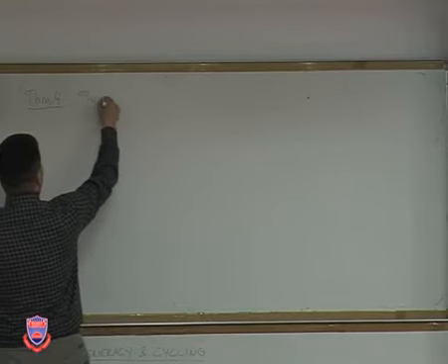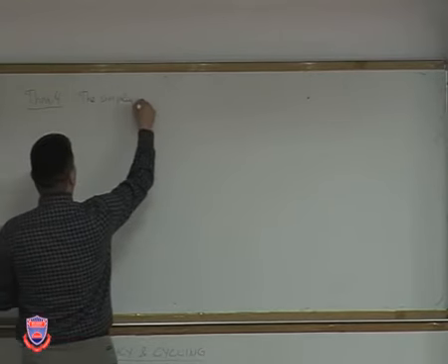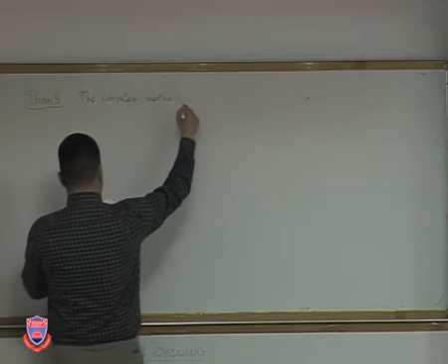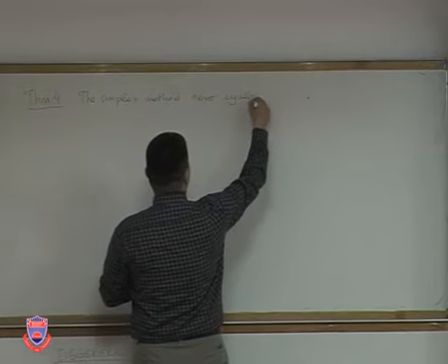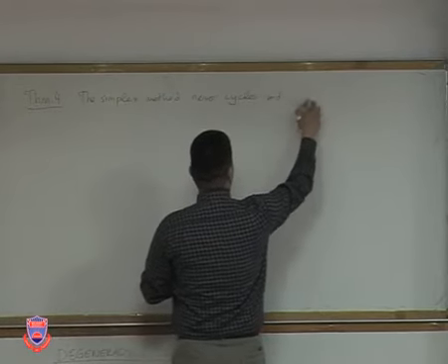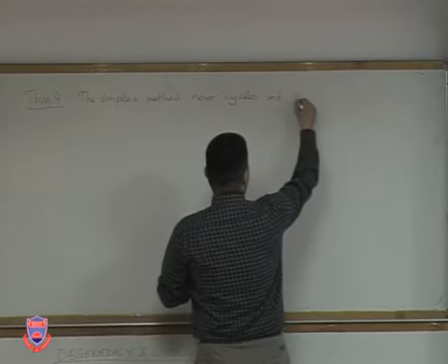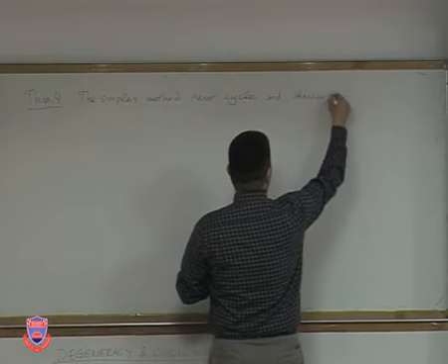So it says that the simplex method never cycles and always terminates in a finite number of iterations.